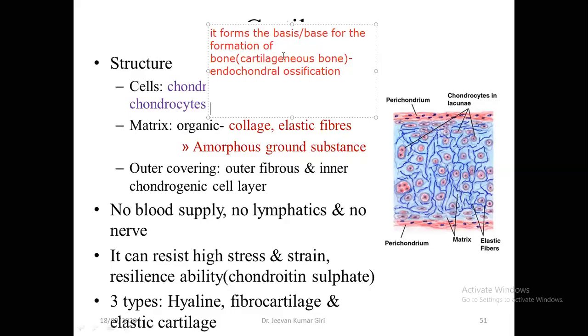Now during this stage, some of the cartilage will ossify and convert into the bone, but some of the cartilage will remain as cartilage for lifelong. So those cartilages which convert into the bone are temporary cartilage.